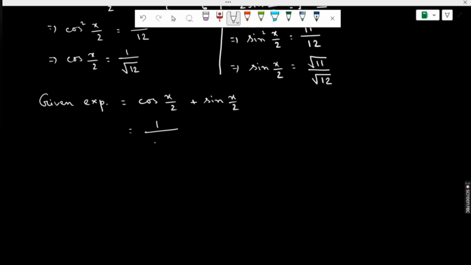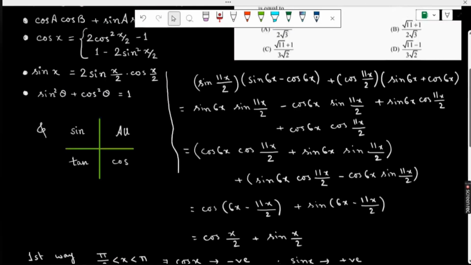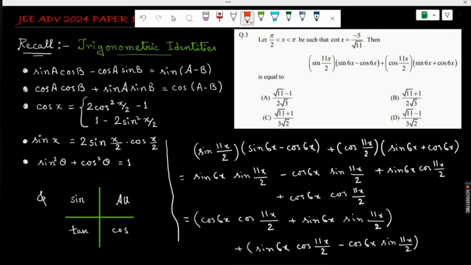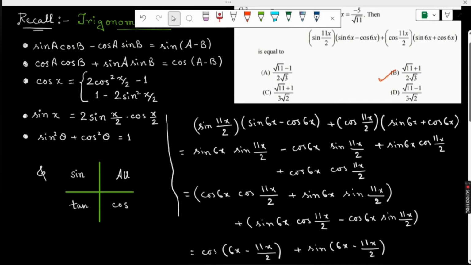Put the values: 1 by root 12 plus root 11 by root 12, which equals 1 plus root 11 by root 12, and root 12 means 2 root 3. So it is nothing but option B, root 11 plus 1 by 2 root 3.